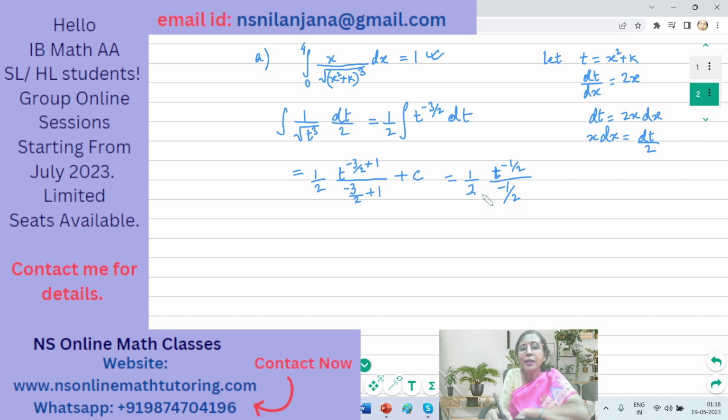Half is in the numerator and this half is in the denominator. So half divided by half will be 1. And the minus sign will be coming out. So this is in fact equal to minus t to the power of minus half plus c. Okay.